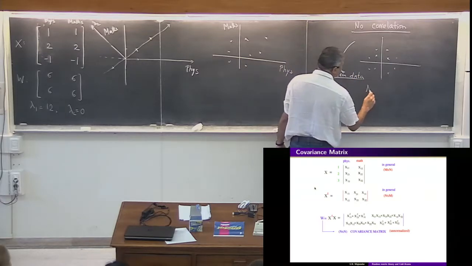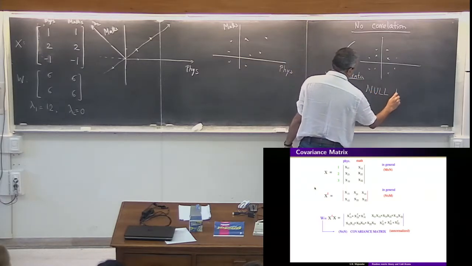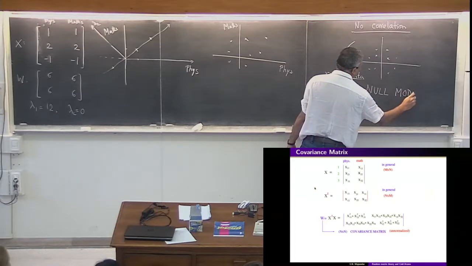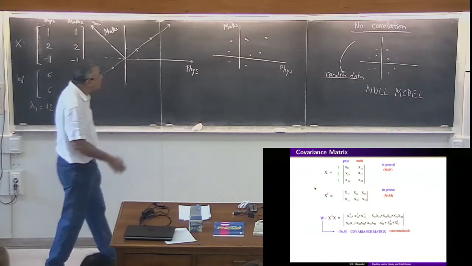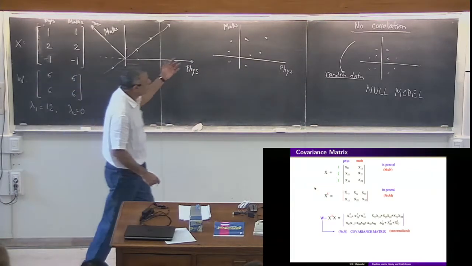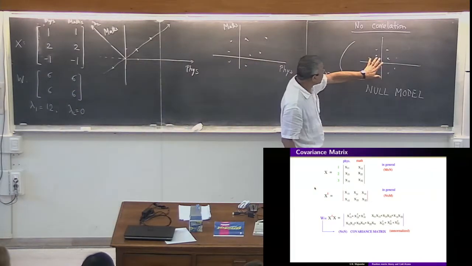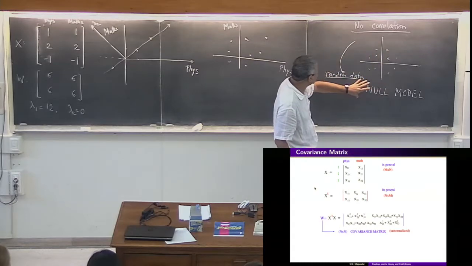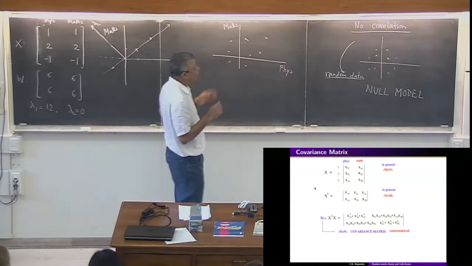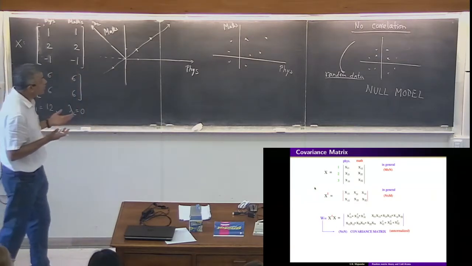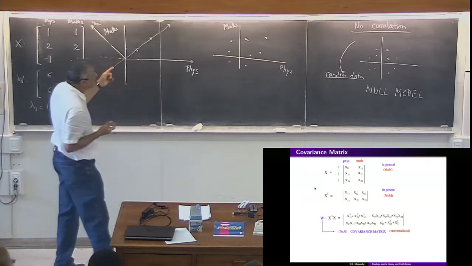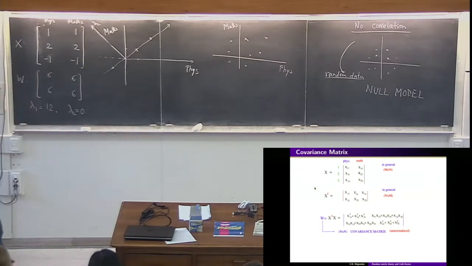You can use that as what statisticians call a null model, right? Null model means that you want to compare with that. So if in your given data, the eigenvalue and eigenvector structure are more or less that of a random matrix, then you will say, well, there is not much correlation between the points in the underlying data. But if it is very different from this, then you will say, well, there is a lot of correlation. Okay.